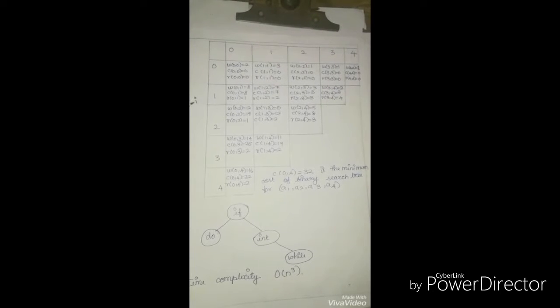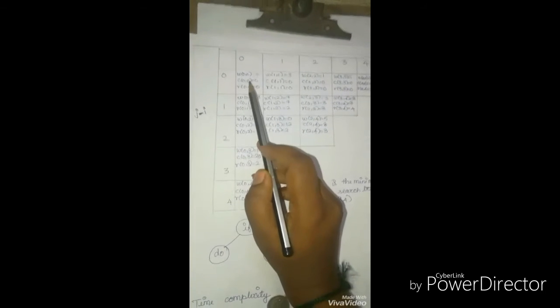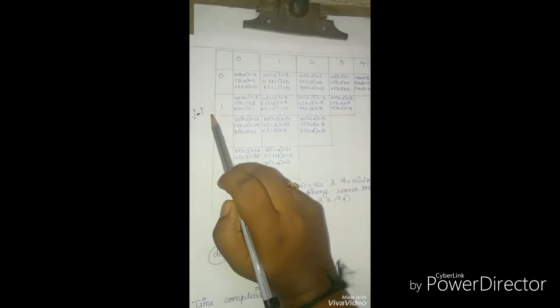This table represents the weight, cost and the root node of the combination j minus I is equal to 0, 1, 2, 3 and 4. The first one represents the combination of j minus I is equal to 0, which includes 0, 0, 1, 1, 2, 2, 3, 3 and 4, 4. Same way for j minus I is equal to 1, we have computed the combination of it as 0, 1, 1, 2, 2, 3, 3, 4.